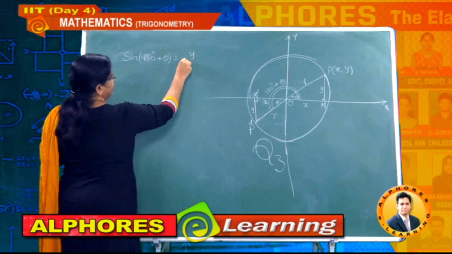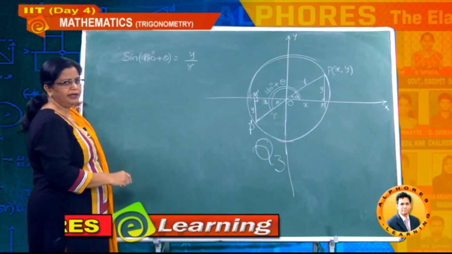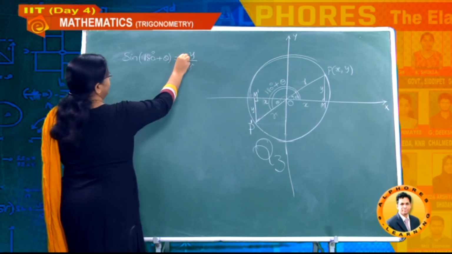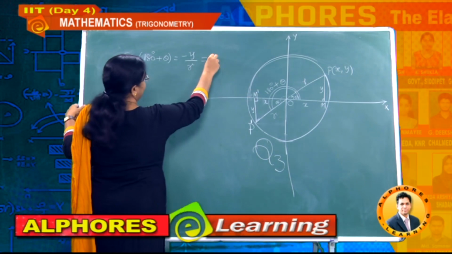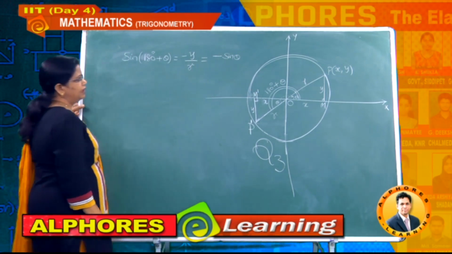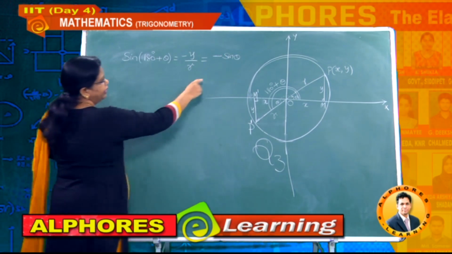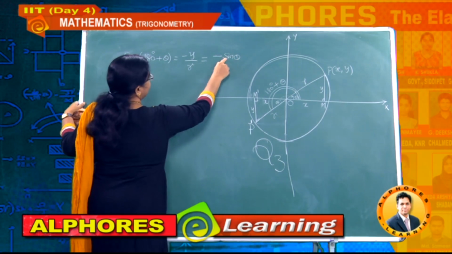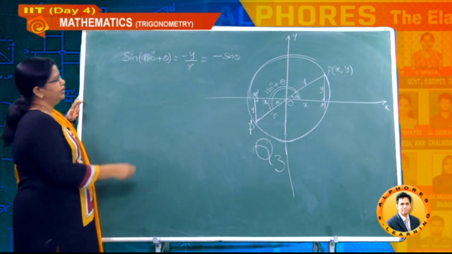Now this is y divided by r. So what is the value of y in the third quadrant? It is negative, so minus. Now this is same as from the acute diagram, it is minus sin theta, and we also observed in the third quadrant sin values are negative, theta being acute, sin theta positive, positive into negative, finally the answer is negative.